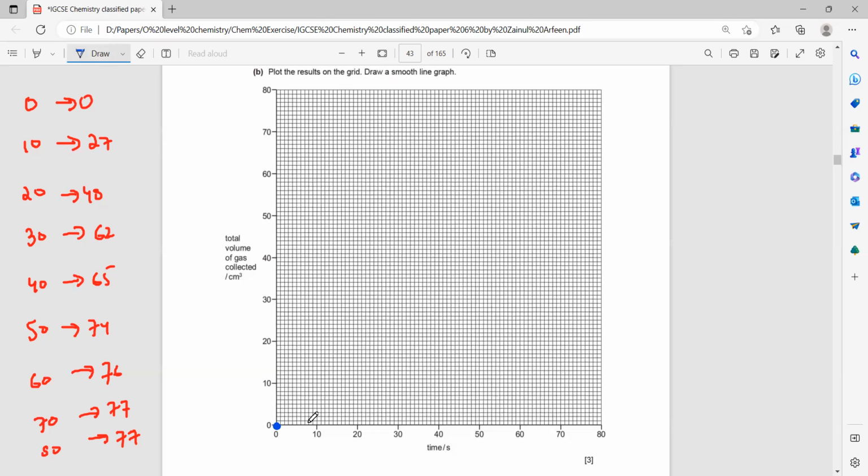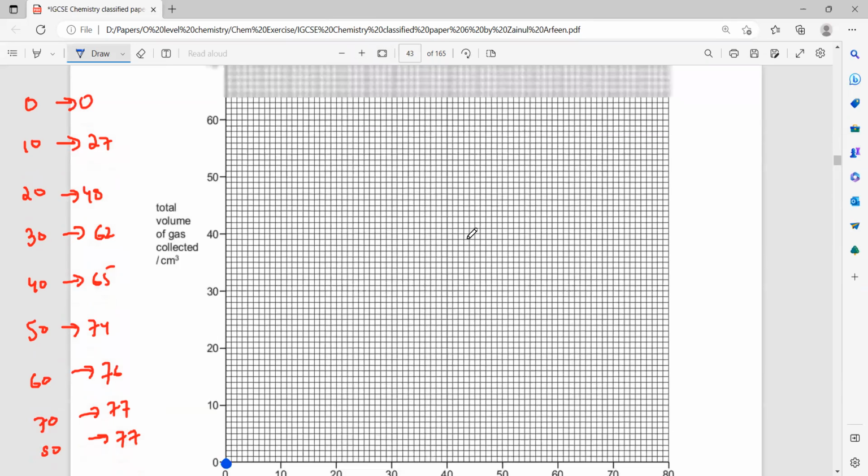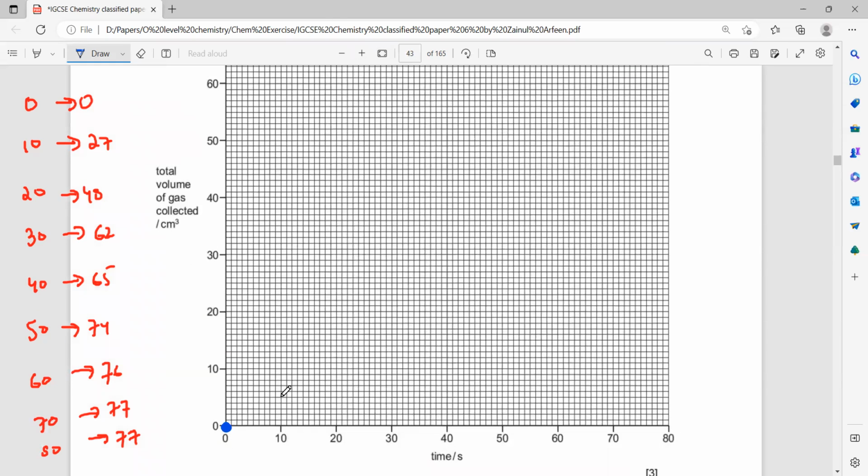The next one is 10 and 27. So 10 and 27. So this one is 10 and 27.